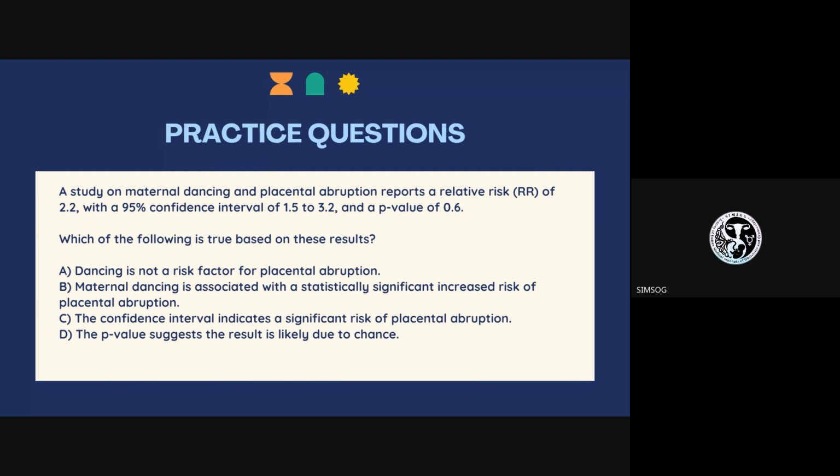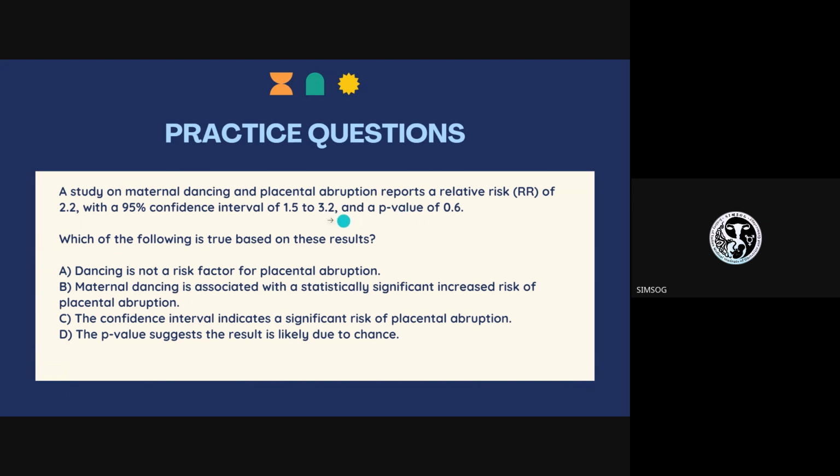If both the values of the confidence interval fall on one side of the reference mark, that is, for relative risk the reference mark is 1, for correlation analysis it is 0, and so on. For relative risk and odds ratio, the reference value is 1, right?